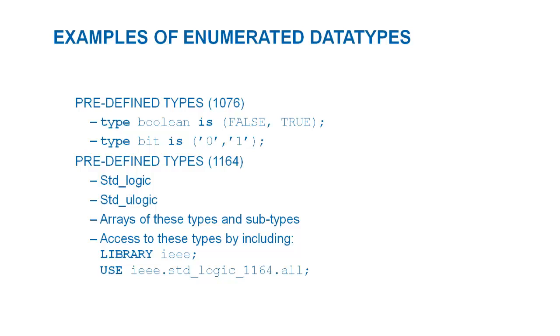There's another package, 1164, which is also part of the IEEE library, that defines standard logic and standard unsigned logic. These have many functions and operators implemented in these packages, and it might be nice to be familiar with them so that one can know the kind of resources, competence, or possibilities that are available in VHDL.